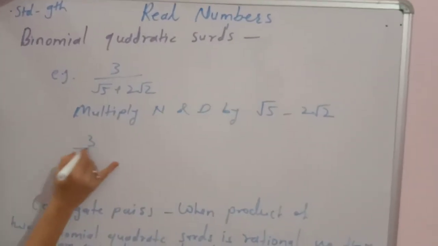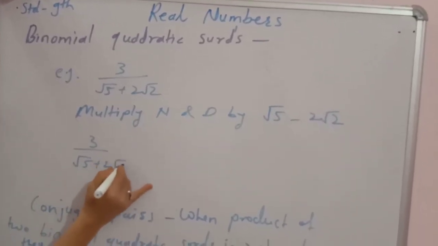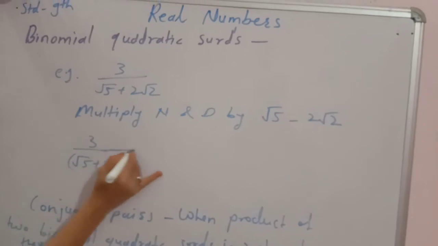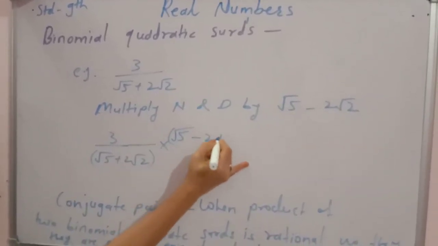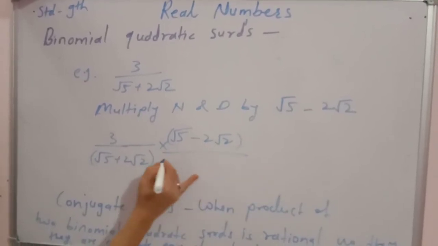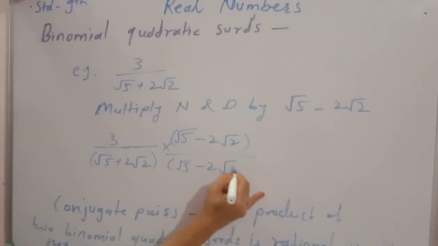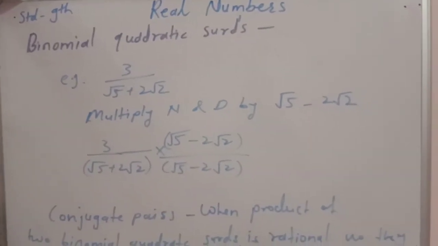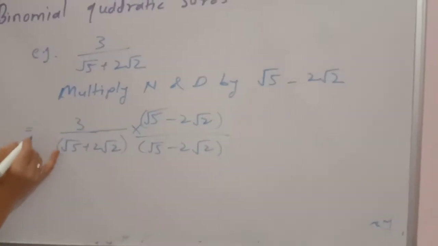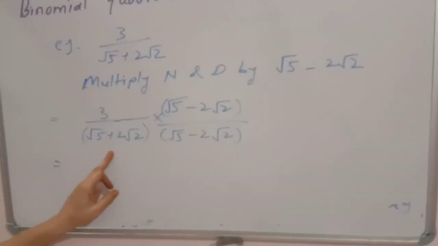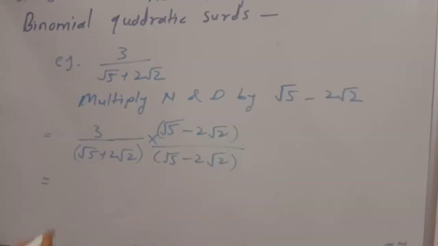It is 3 upon root 5 plus 2 root 2, multiply both numerator and denominator by root 5 minus 2 root 2. Now do the multiplication. Directly use the rule a plus b multiplied by a minus b is a square minus b square.